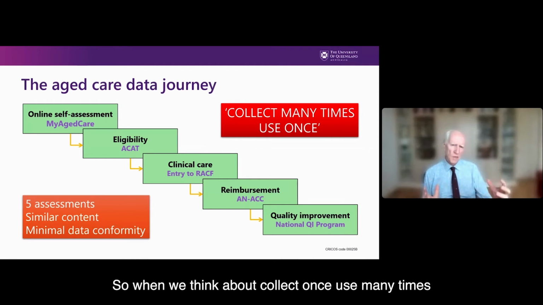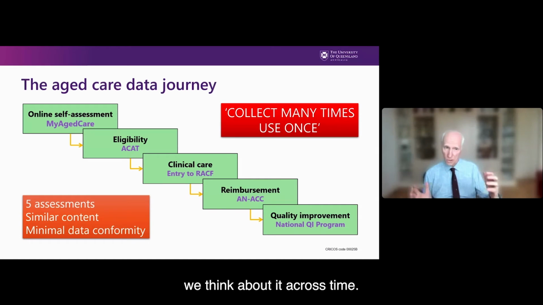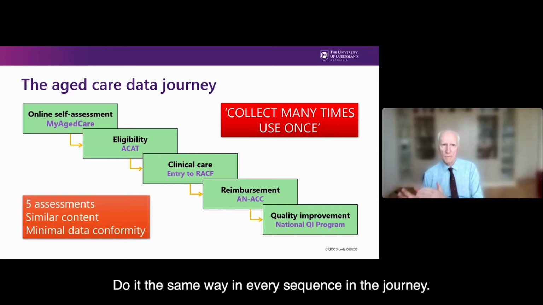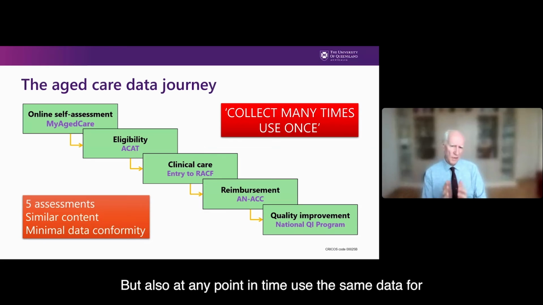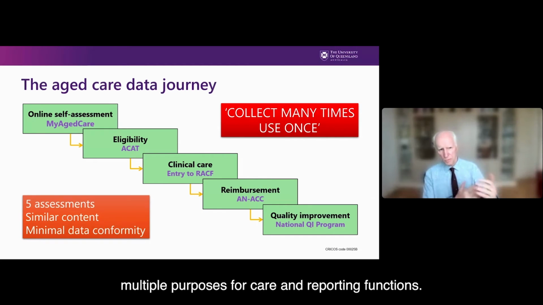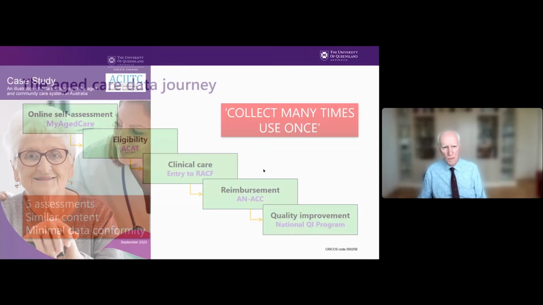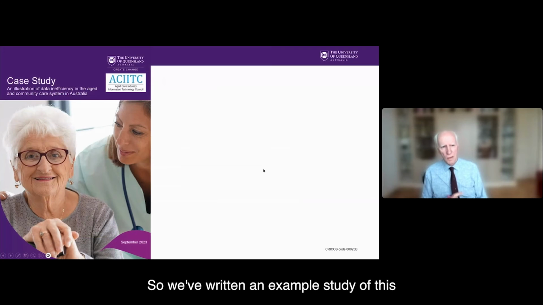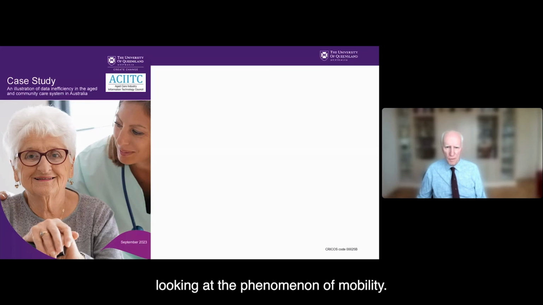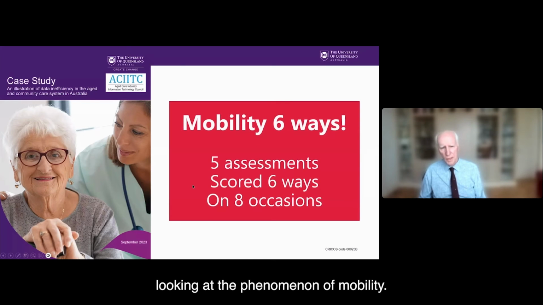So when we think about collect once, use many times, we're thinking about it across time, do it the same way in every sequence in the journey, but also at any point in time, use the same data for multiple purposes for care and reporting functions. So we've written an example study of this, looking at the phenomenon of mobility.